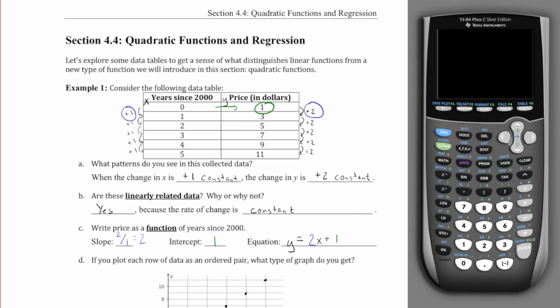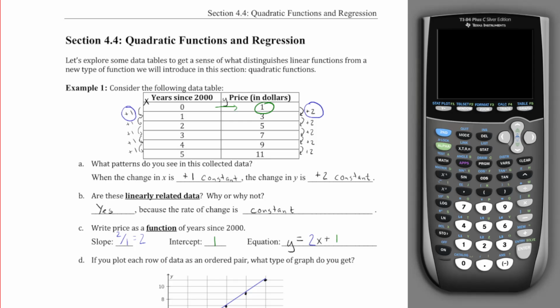And we see that these points all lie along a straight line.